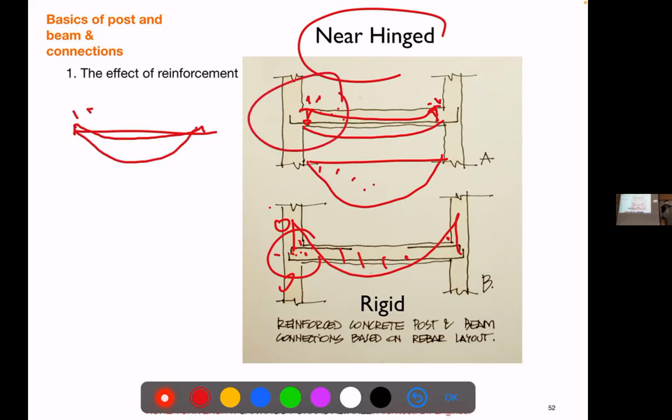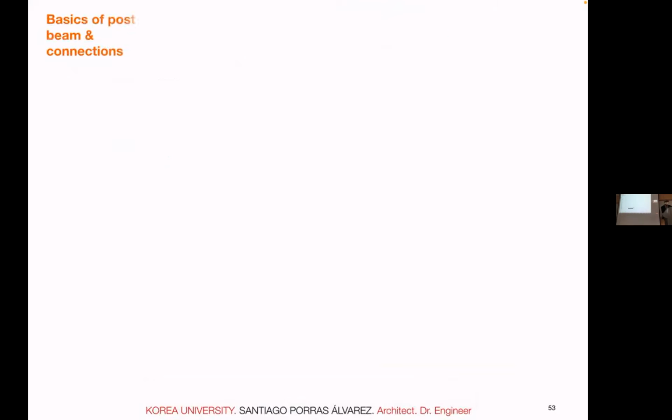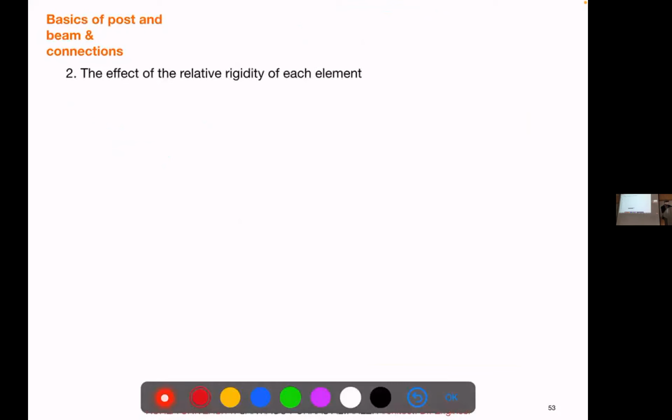And this is something we can use in design. We can fine tune the negative rebars to have as much negative moment as we think is possible, so we don't affect the columns too much. Of course, if we have a very thick column and a very thin, well reinforced beam, this is almost a fully rigid connection, right?